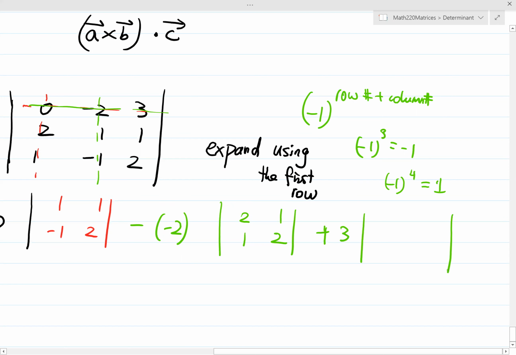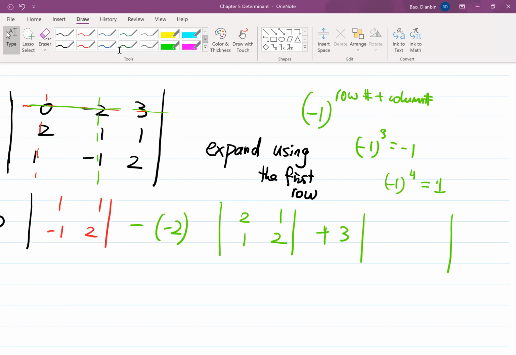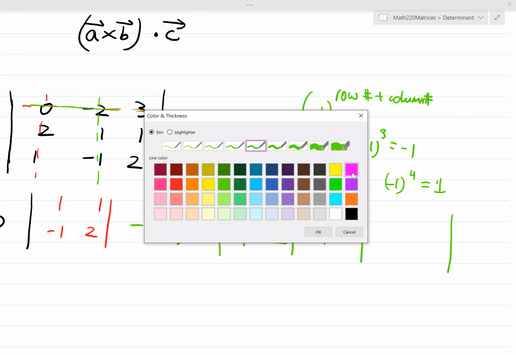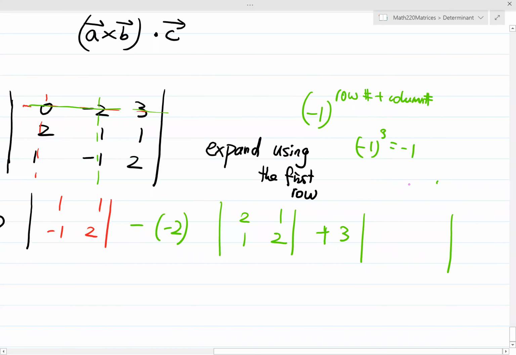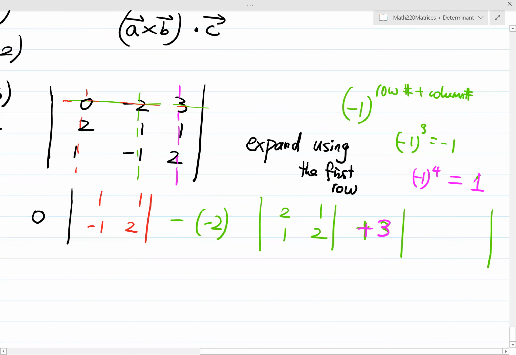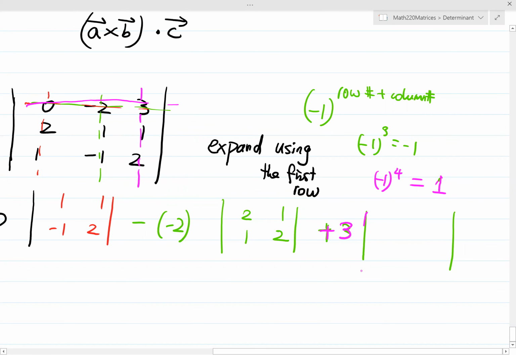Let's use another color, pink. Then the remaining thing is to cross out the row and column that has 3. What is remaining is 2, 1, 1, -1. Now you see it's a 2 by 2 determinant.